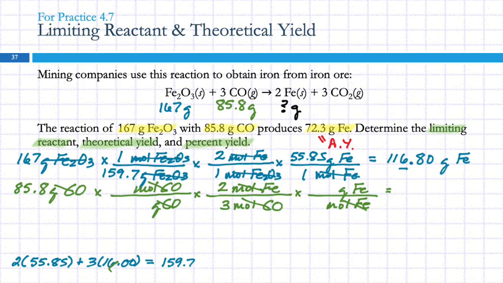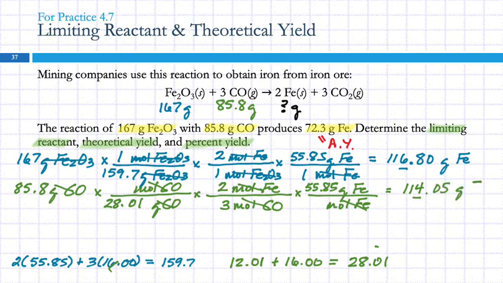I need the molar mass of carbon monoxide, and then my molar mass for that last term hasn't changed. 114.05 grams of iron.